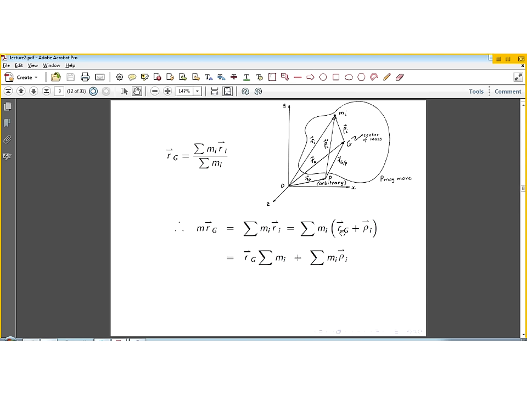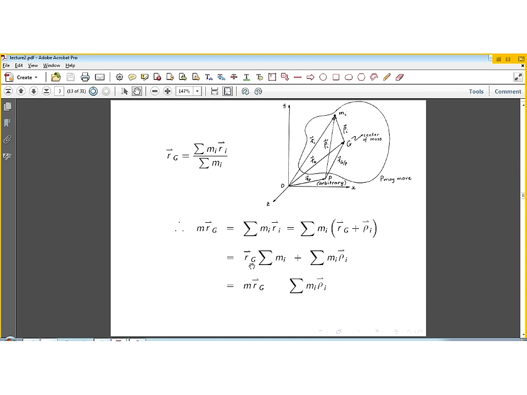And because of that, I can take this r sub g out of the summation. In other words, I apply the distributive law and I factor out the r sub g outside of the summation. So I'm left in the first summation with just r sub g times the sum of m sub i. But the sum of m sub i is just the total mass of the system.